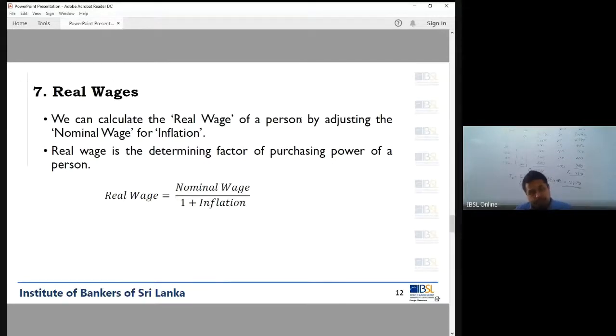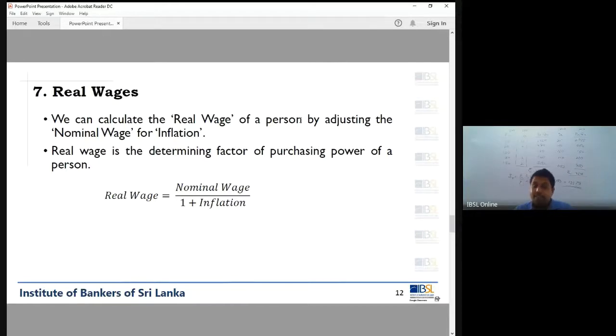Okay, but inflation data, if you look at it in a monthly pattern, you may see different numbers for different months. So obviously, your nominal wage of 100,000 shall remain the same, but your purchasing power from that 100,000 is going to change, plus or minus, depending on the value we get for inflation.